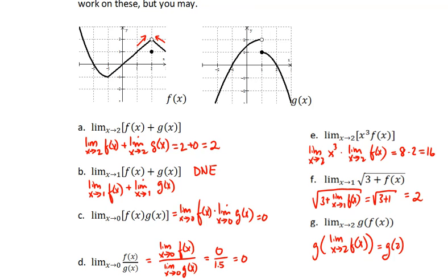So that means here we just want g of 2, and g of 2 is 0. We don't want the limit, we want the actual value of g at 2. And that's going to do it for the problem related to properties of limits.